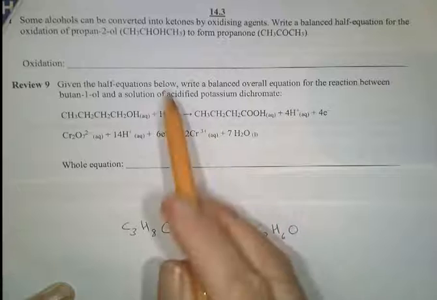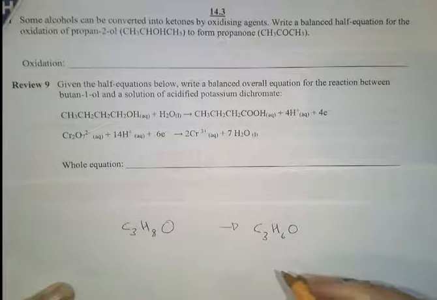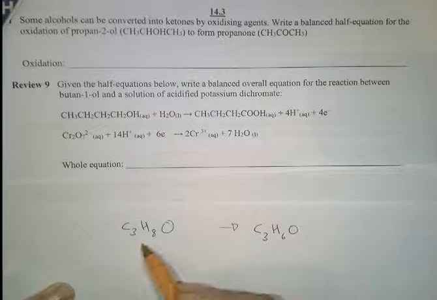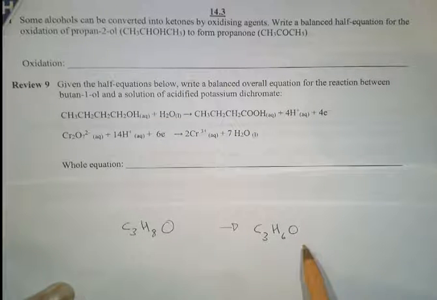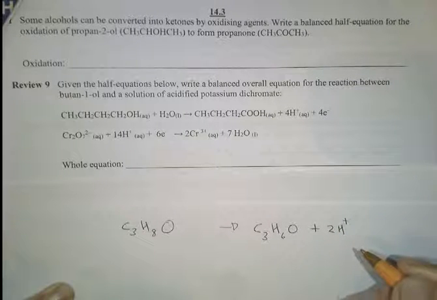Okay, so as soon as you summarize it, it makes it really easy what you're going to do. So remember, we have to balance everything except the hydrogens and oxygens last. So the carbons are balanced, the oxygen's balanced. So the only thing that's not is hydrogens. So to balance the hydrogens, you just add hydrogen ions.